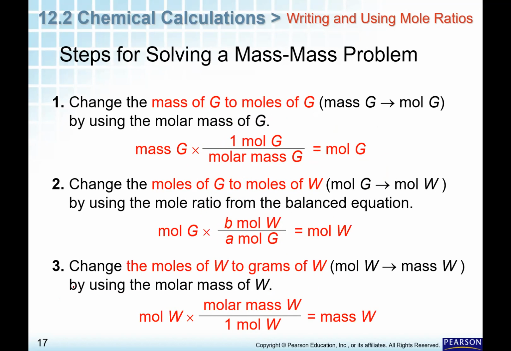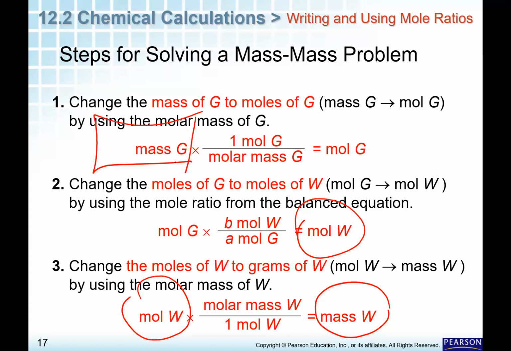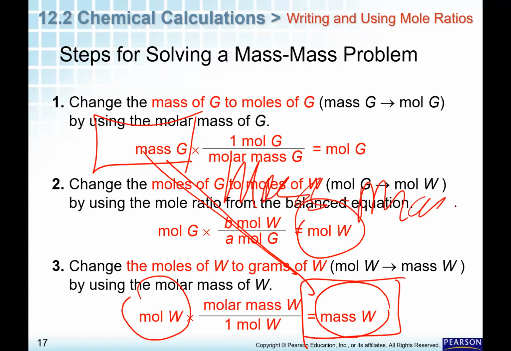And that is step number 3, which is taking the answer here, the moles of W, and multiplying it by the molar mass of W per 1 mole, and that will get you to here. So we started with mass of G, and we end up with mass of W. That's why we call that mass to mass calculations.